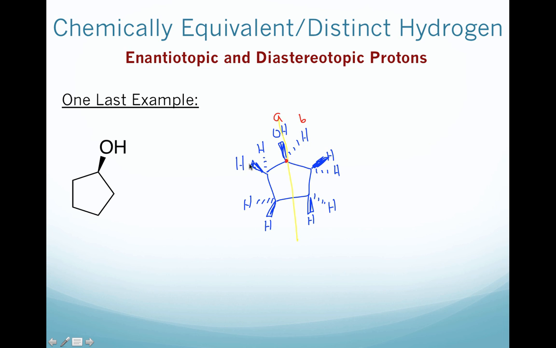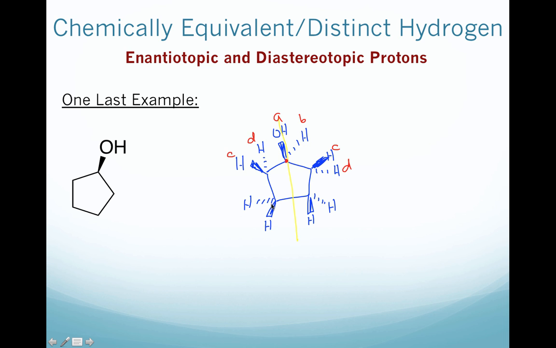So they are chemically equivalent. And we'll label that one as C, this one as C. But the hydrogen pointed back is distinct from hydrogen C. And one way to think about this hydrogen pointed out is pointed up in the same direction as the OH. But the hydrogen pointed back is in an opposite direction of the OH. So these two hydrogens see different things, they're in different chemical environments, so they're different.